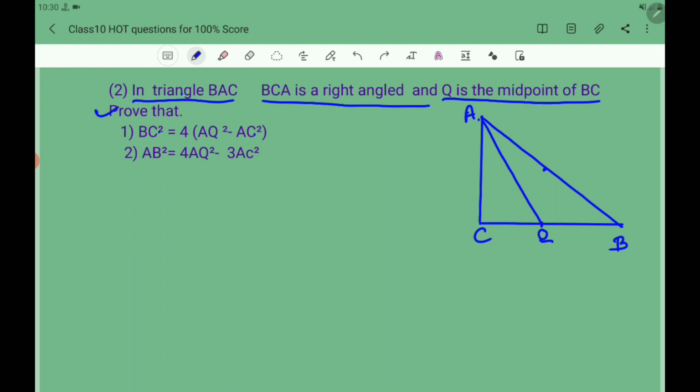Children, you take the sketch of the right angle triangle, and here ABC is a right angle triangle in which angle C is the right angle. It is given that angle BCA is right angle and Q is the midpoint of BC. Q is the midpoint means here CQ equals BQ equals half of BC. So you take the solution.